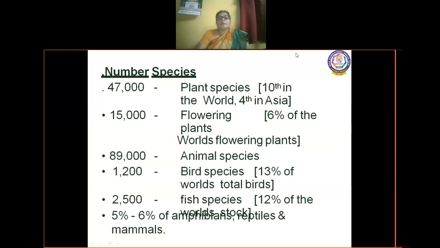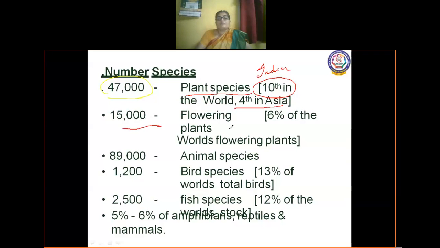Now, there are statistics mentioned here for your learning. 47,000 relates to the plant species, and you're going to learn about these species in the perspective of India. Plant species of 47,000 make India 10th in the world and 4th in Asia.